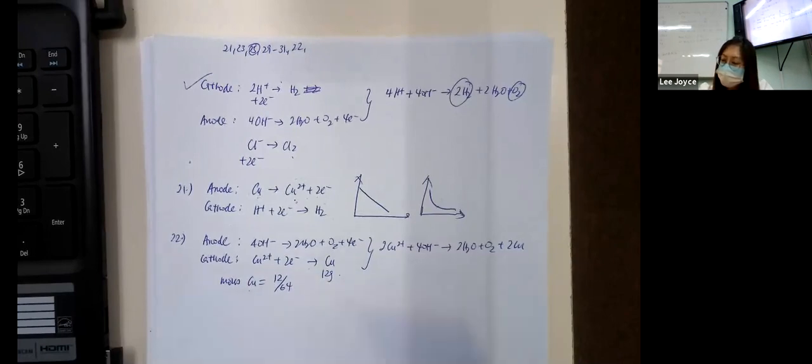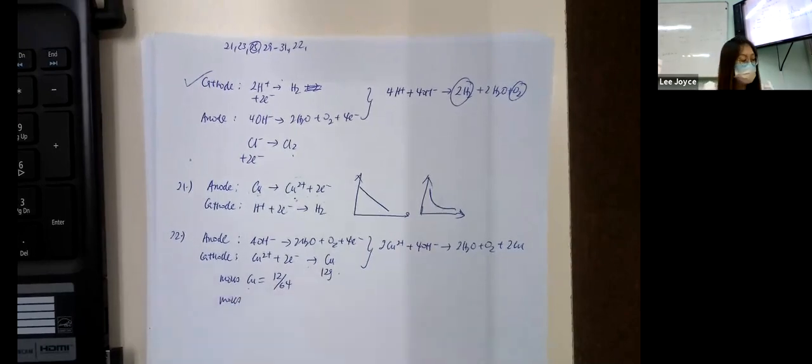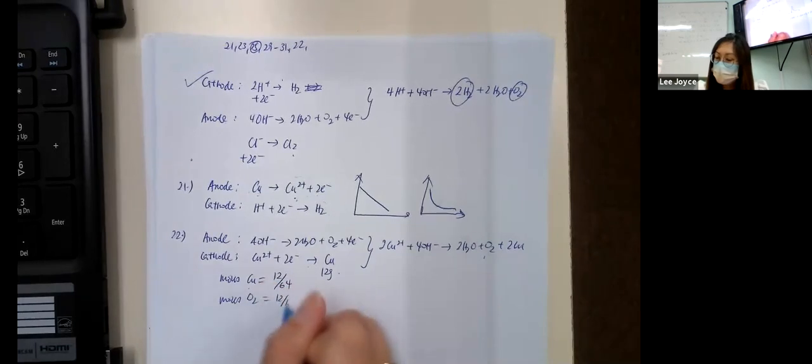So once you found the number of moles of copper, we're going to find the number of moles of... the question wants us to find the number of moles of what? The number of moles of the oxygen gas, right? The oxygen gas at the positive electrode. So mole ratio is actually 1 to 2. So you take 12 over 64 divided by 2.